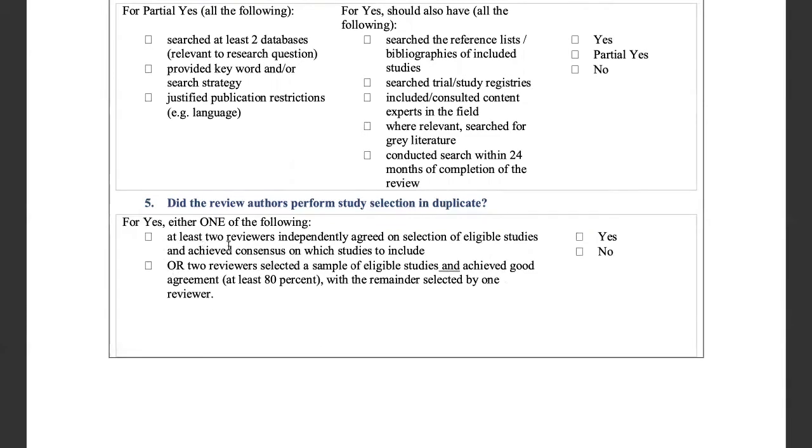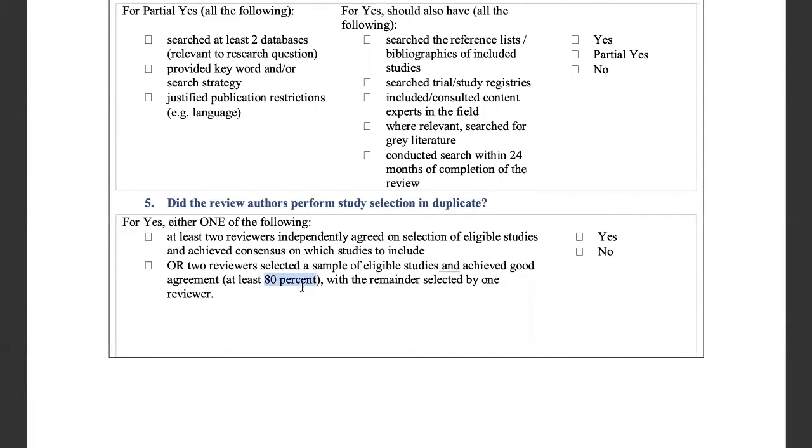So at least 2 reviewers independently agreed on the selection of eligible studies and achieved consensus on which studies to include, or 2 reviewers selected a sample of eligible studies and achieved good agreement, at least 80%.